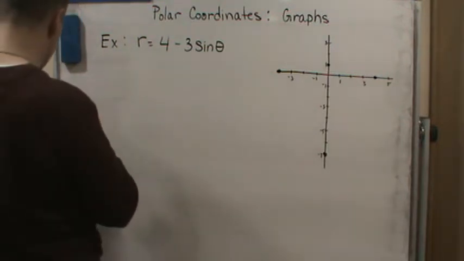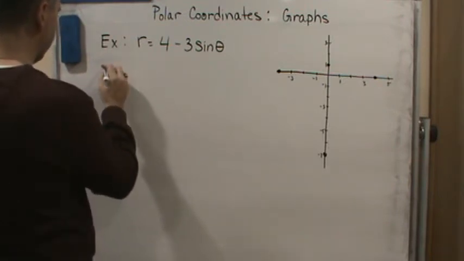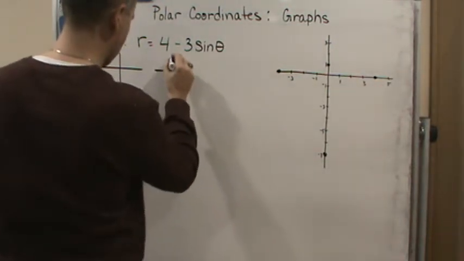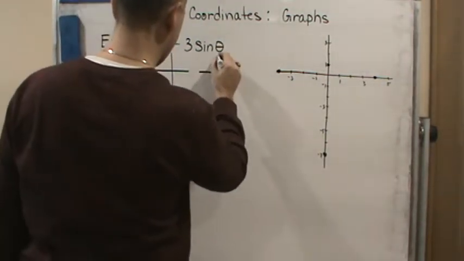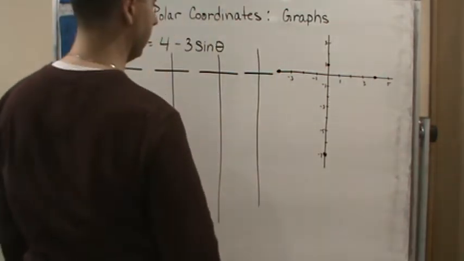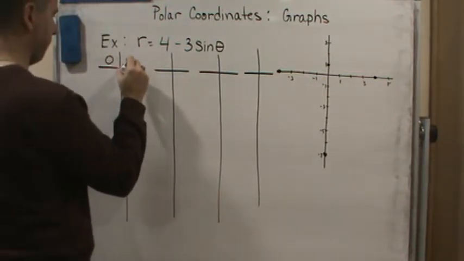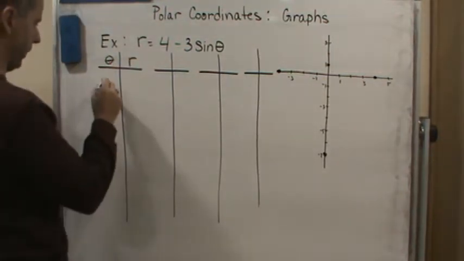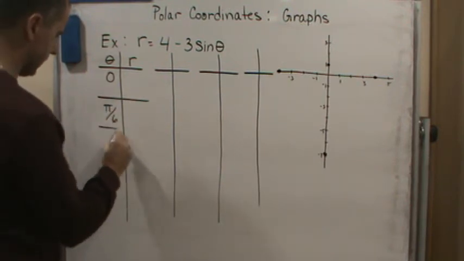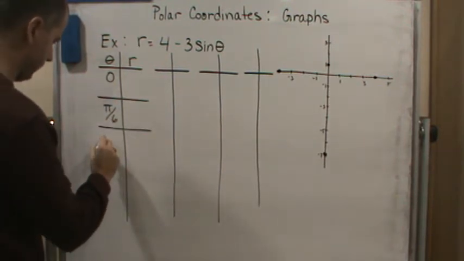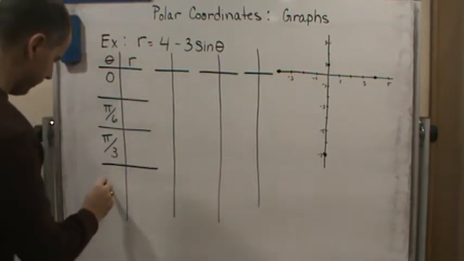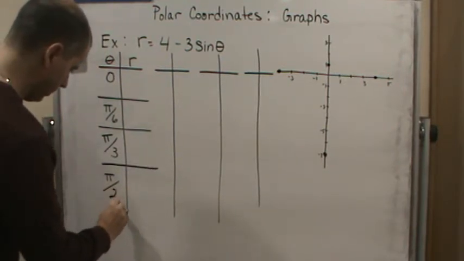All right, so let's do this. Okay, so we've got 0, and then we got pi over 6, pi over 3, pi over 2.